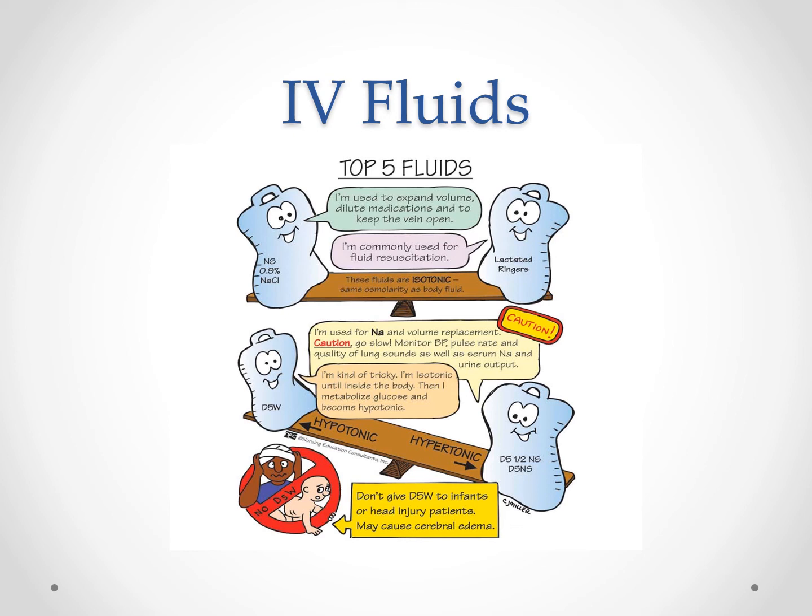Caution, go slow, monitor my blood pressure, pulse rate, and quality of lung sounds, as well as serum Na and urine output. So you want to look at all of those things when you're giving D5 half normal saline.